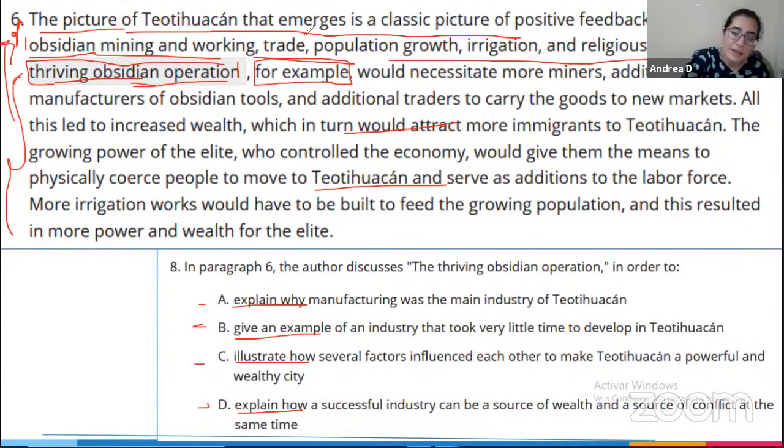But basically, again, the first line, right? Yes, you're paraphrasing it, but it's an example of how the picture of Teotihuacan that emerges is a classic picture of positive feedback among and so on. That's what the example is for, right? It's like if I say, Bolivia has many talented people.